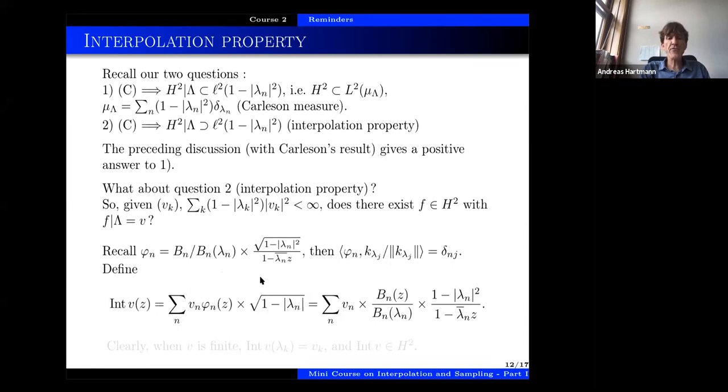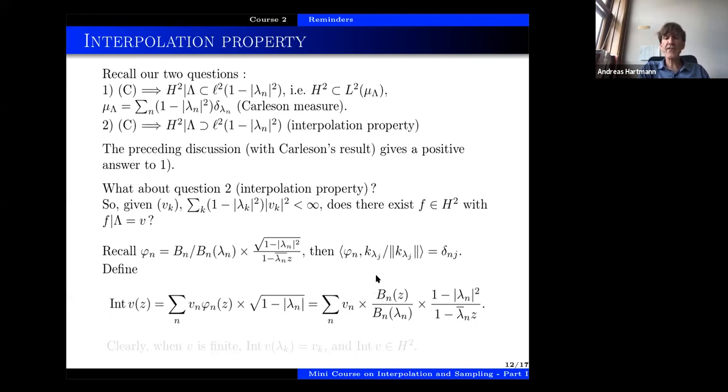Then I will introduce this interpolation operator. I have to introduce this additional factor here because if I evaluate phi n only against the reproducing kernel, then I get this factor, which comes to the other side. I have to compensate for it.